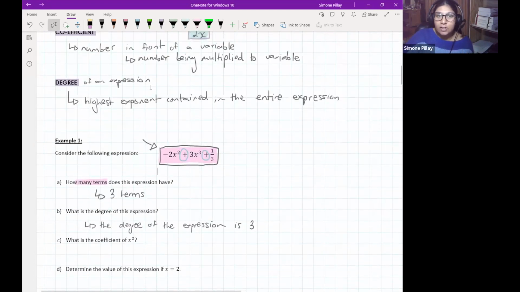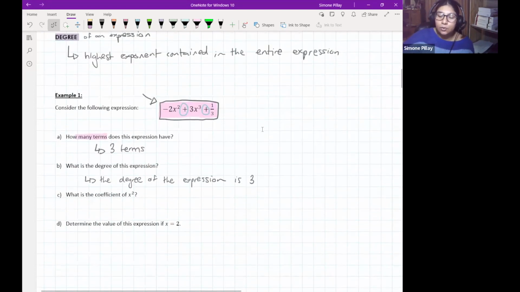The degree of an expression is the highest exponent contained in the entire expression. So we're looking at this entire expression. What is the biggest exponent I see? Well, the only exponents I actually see are 2 and 3. But from those 2 exponents, which one is the highest? The highest is 3. And so that is the degree of my expression.